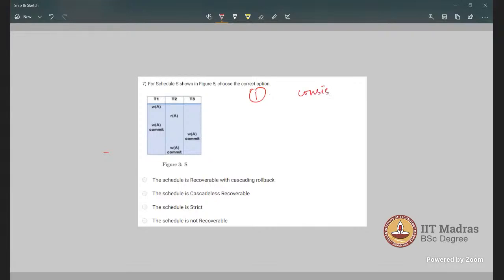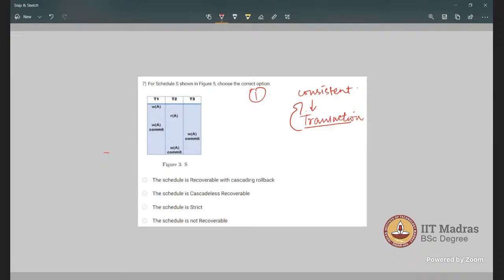Suppose this is the consistent state, and you perform a transaction, and if during the transaction any failure occurs, you can roll back to that consistent state. That is recoverable.